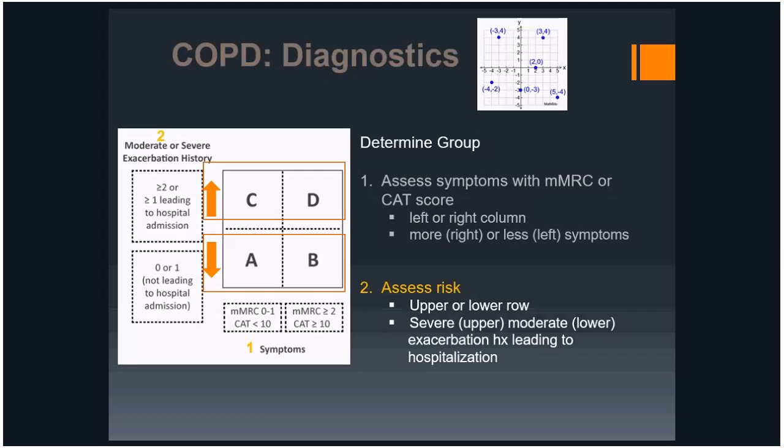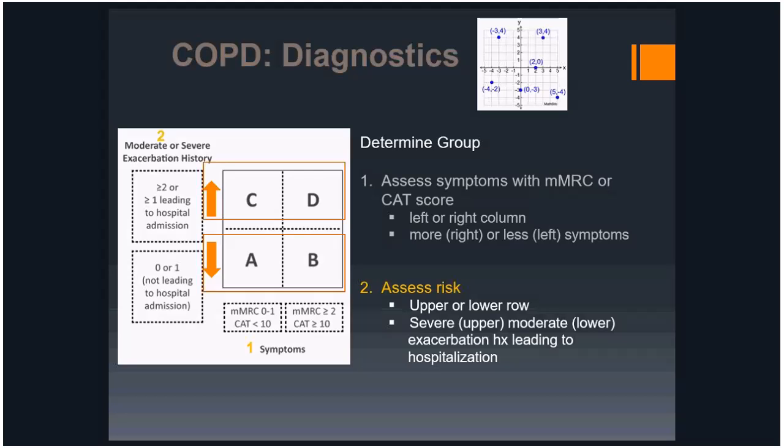From there, we now assess risk, and we're trying to determine, is the patient going to be in the upper or the lower row? So the questions that we want to ask have to do with their hospital admissions. So we ask, how many hospital admissions have they had over the last year?